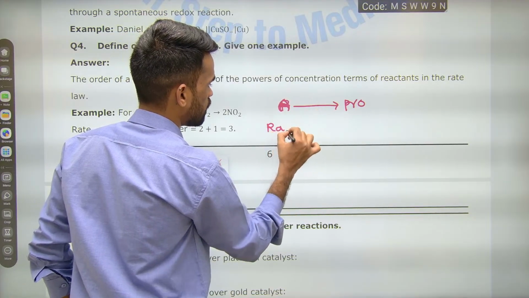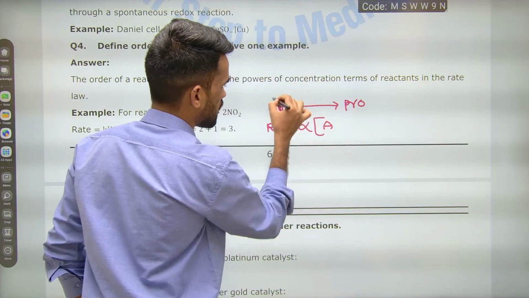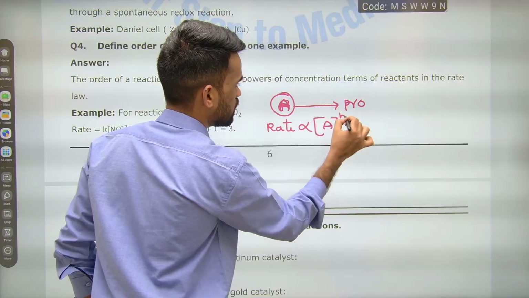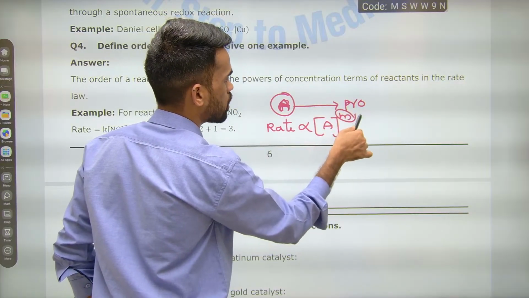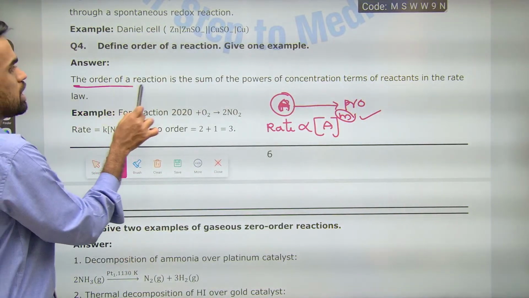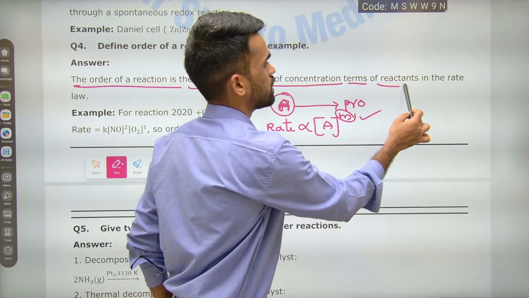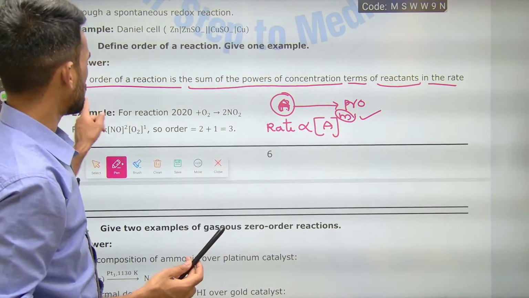The rate of the reaction is directly proportional to the concentration of this reactant, A to the power m. This m is called the order with respect to this reactant. The order of a reaction is the sum of powers of concentration terms of reactants in the rate equation or rate law.